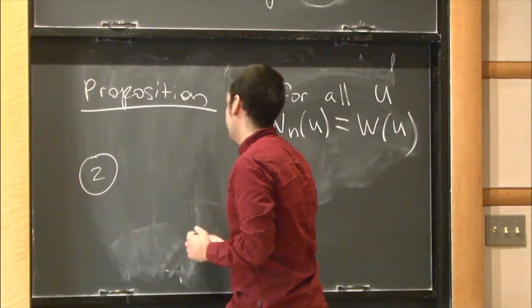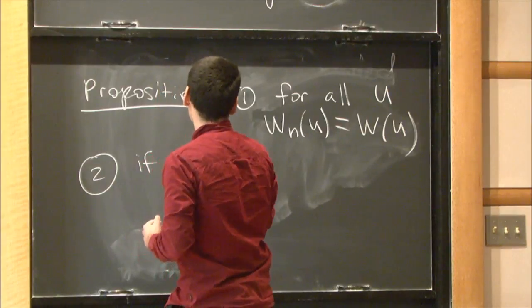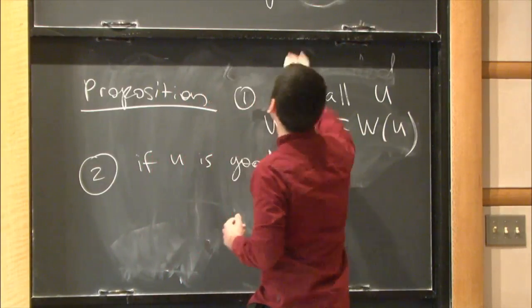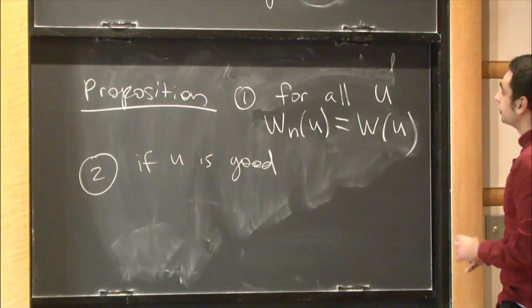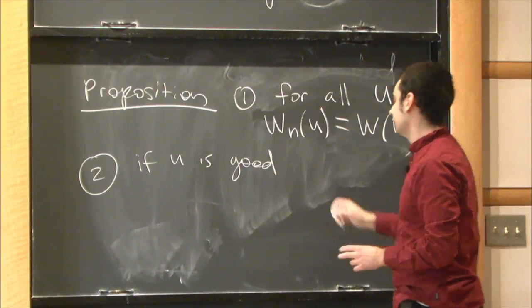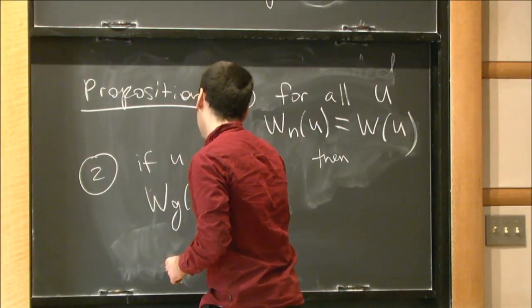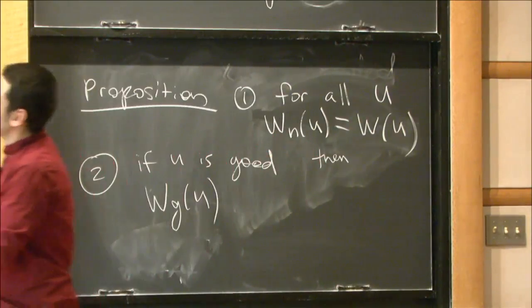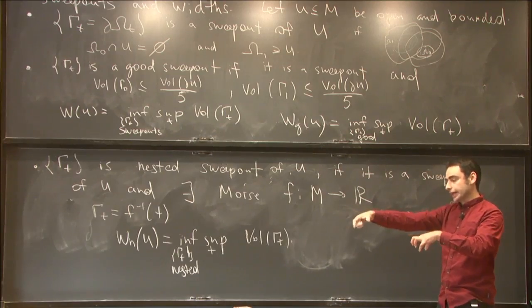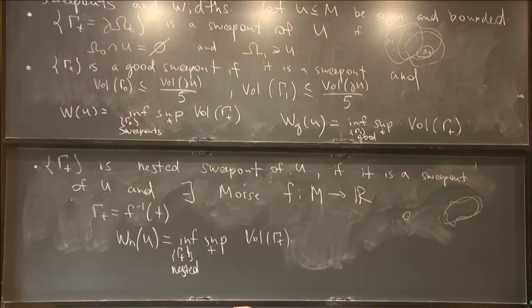And the second result is that if U is good, in the sense that its boundary is sufficiently small compared to its width, then the good width of U, where we restrict only to sweepouts that start and end on a small hypersurface, is equal to the width of U, considering any sorts of sweepouts.